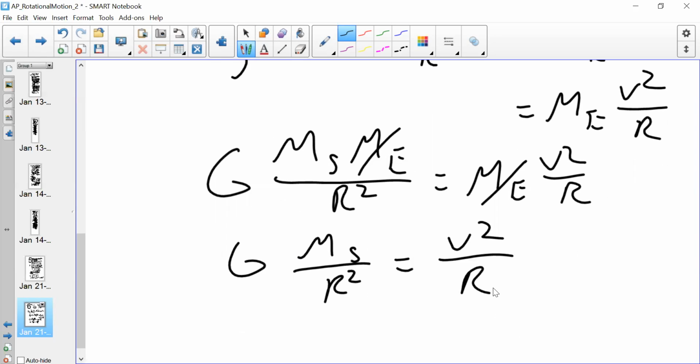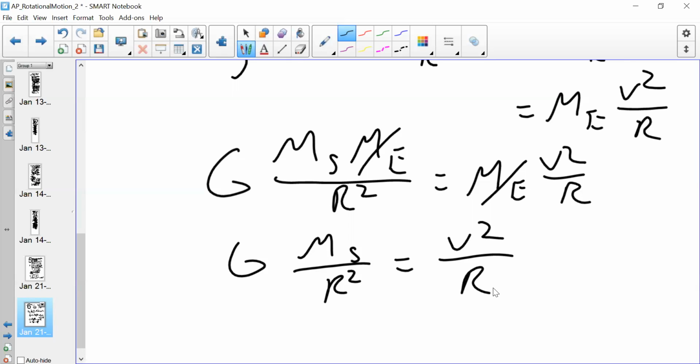Okay, so all we're trying to do now, before we come up with Kepler's third law, is get a relationship between the orbital period and the radius. Why? We're curious. Is there a relationship between the distance between the Earth and the sun, or some other planet and the sun, or two masses, and the time it takes to go around?